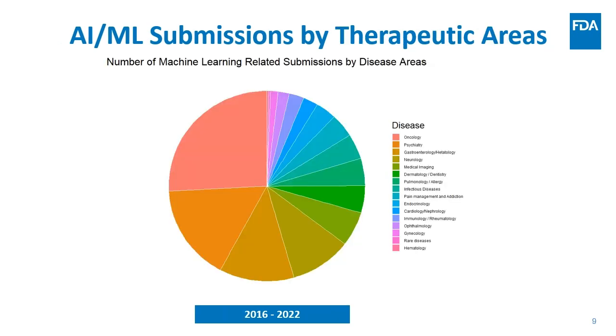Among all the AI and machine learning related submissions, about a quarter of them are in oncology related fields. Other common therapeutic areas include psychiatry, neurology, gastroenterology, hepatology, and medical imaging. In the year of 2022, we started to see the use of AI and machine learning for new drug development in rare diseases and hematology.